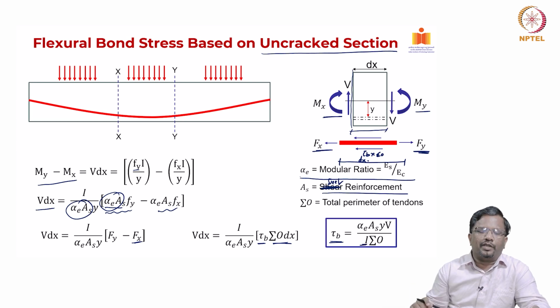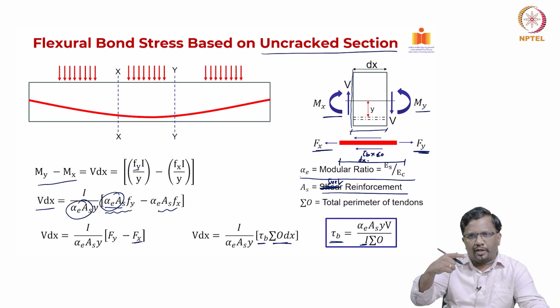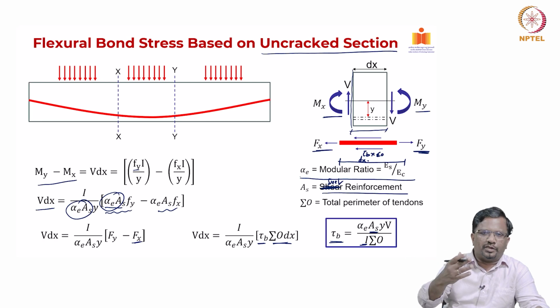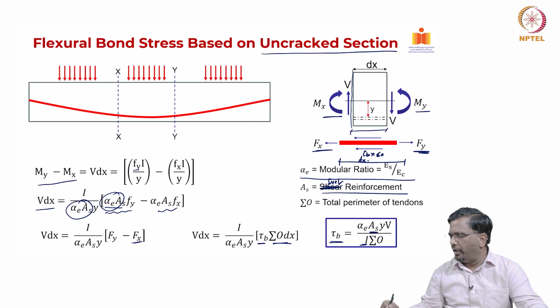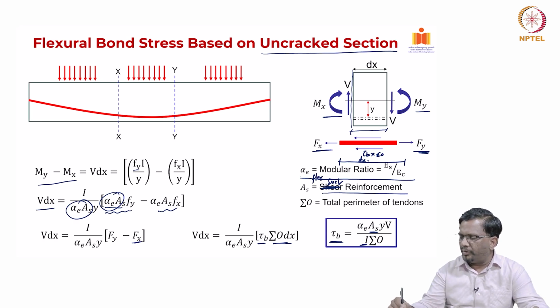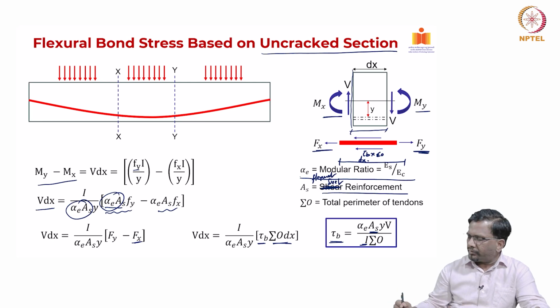If I know the details of the pre-stressing steel, I can calculate the perimeter of all the pre-stressing steel, and As or AP is the pre-stressing steel area that you have, and y is the distance of the steel. I should say this is the flexural steel reinforcement, not shear.